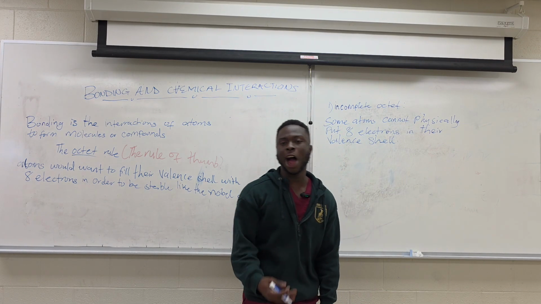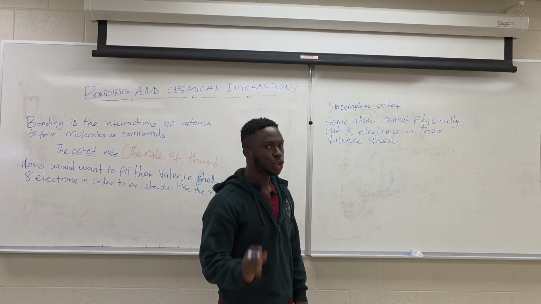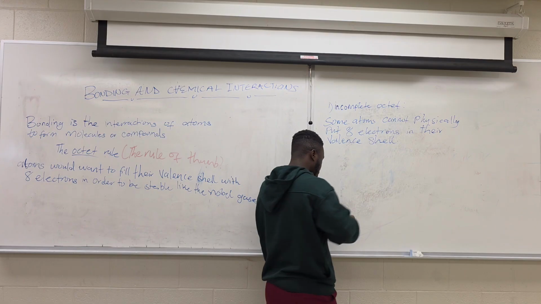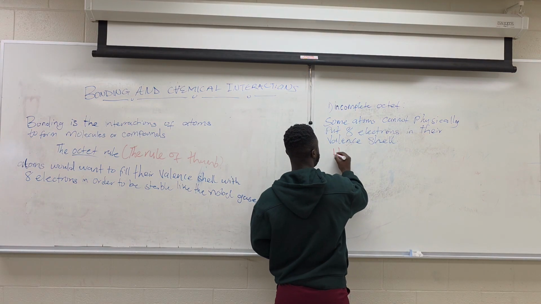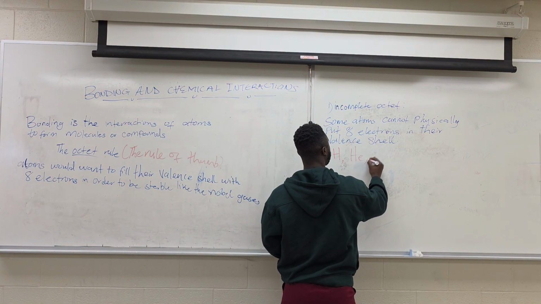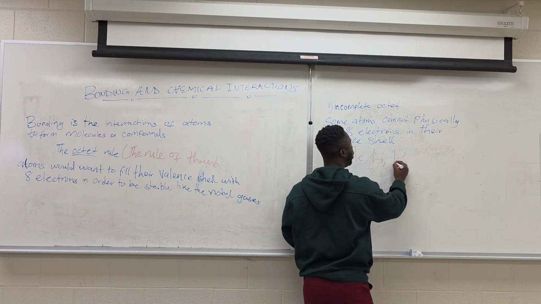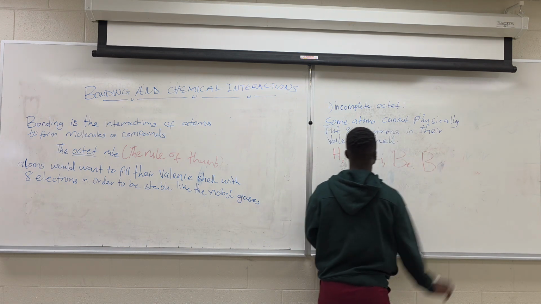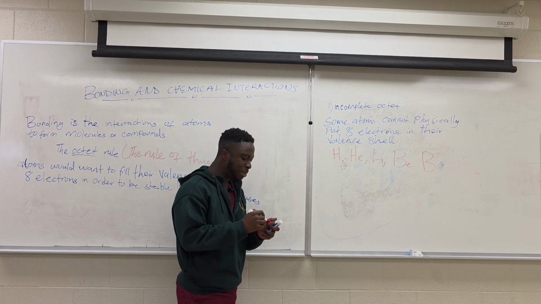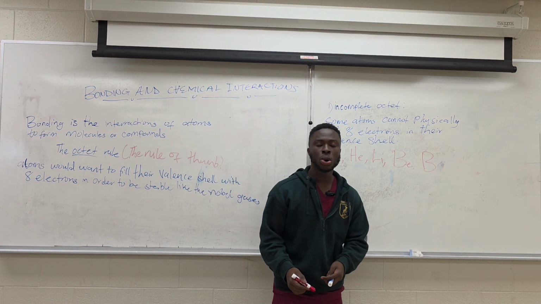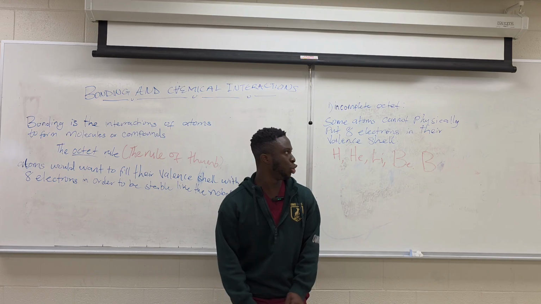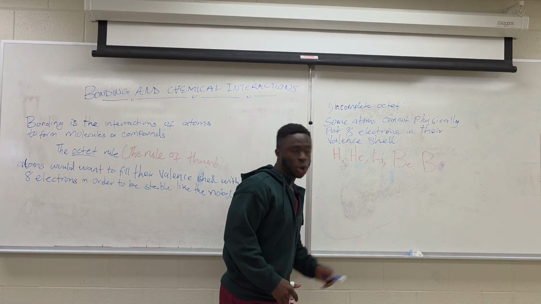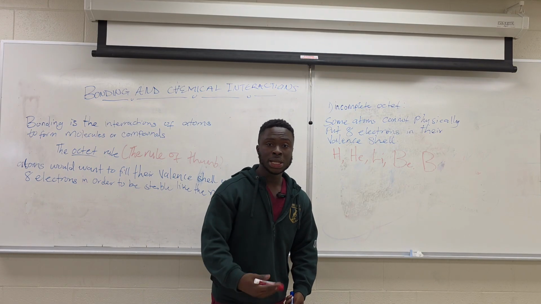Because they don't have the shells. They don't even have it to put the electrons on. And those atoms are hydrogen, helium, lithium, beryllium, and then boron. Just B for boron. So the first 5 elements on the periodic table do not obey the octet rule because they form incomplete octets. Why do they form incomplete octets? Because they don't even have the shells to put the electrons on.